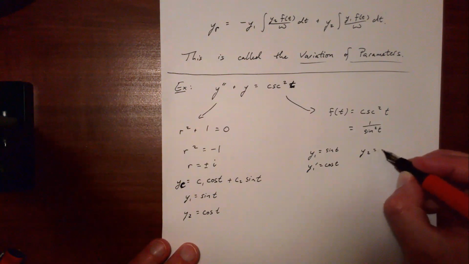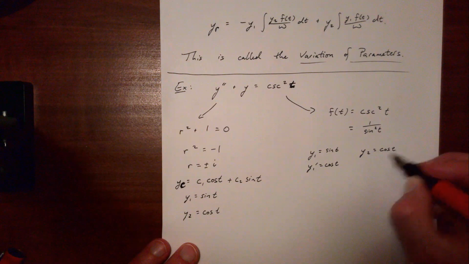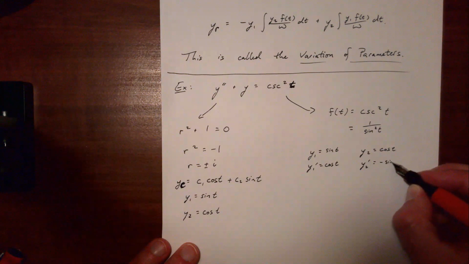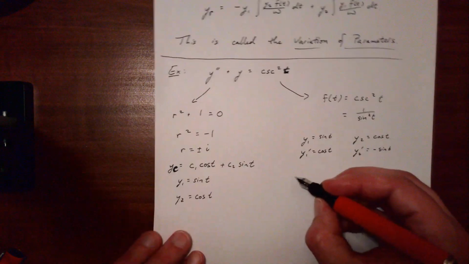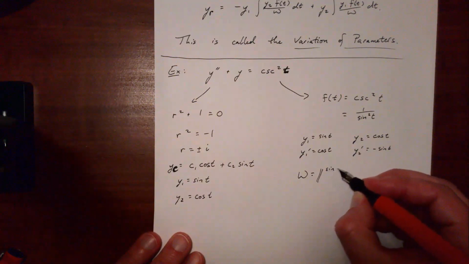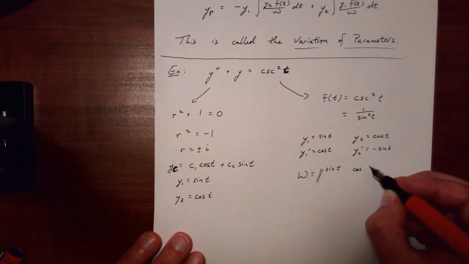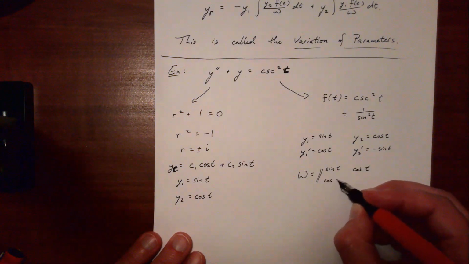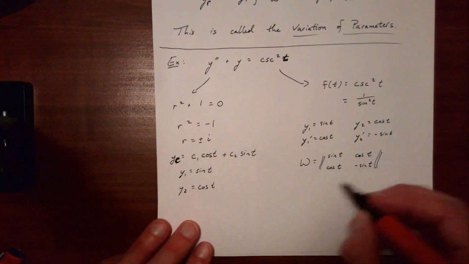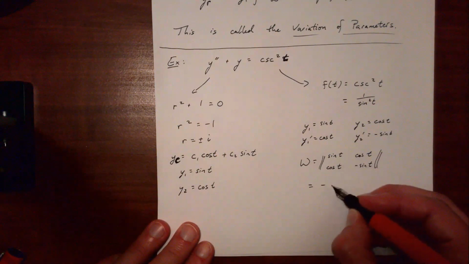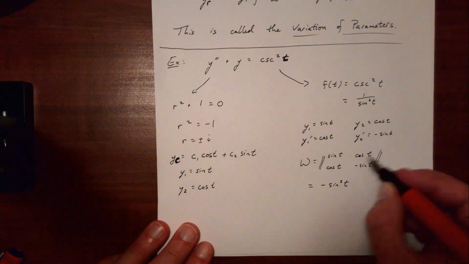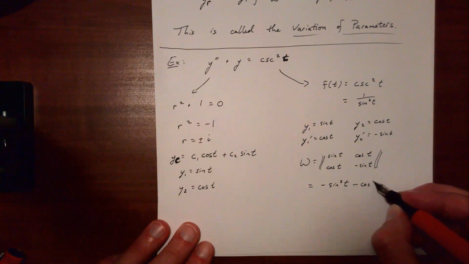If y2 is cosine t, then y2 prime will be negative sine t, and that means then that the Wronskian is going to be equal to the determinant of sine t, cosine t, cosine t, negative sine t, which is going to equal negative sine squared t minus cosine squared t.